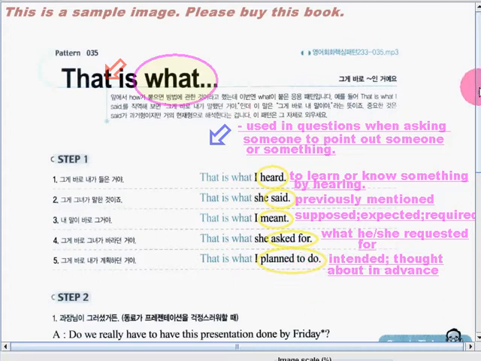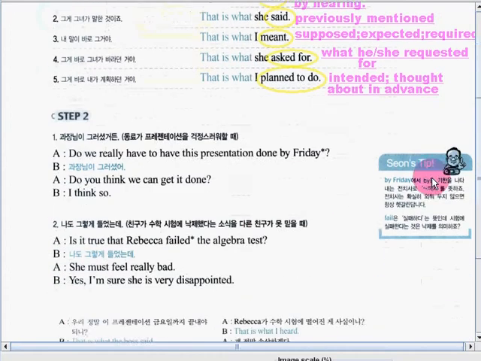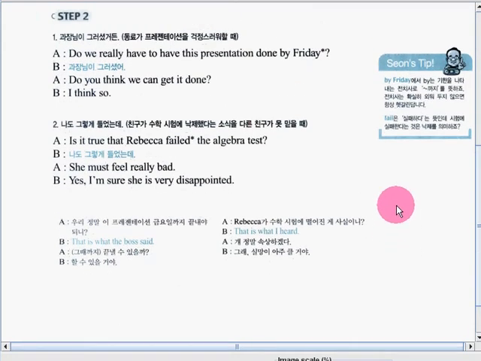Very good. Now, let's go on to our dialogues. On the dialogue part, I will be speaker A and you will be speaker B. Let's start with number 1. Do we really have to have this presentation done by Friday?